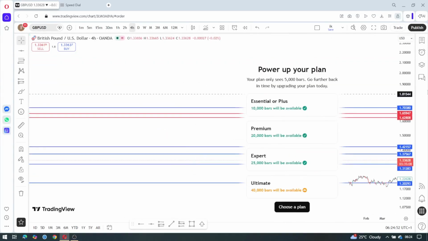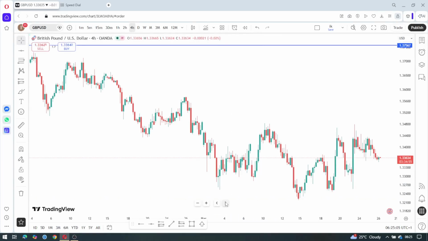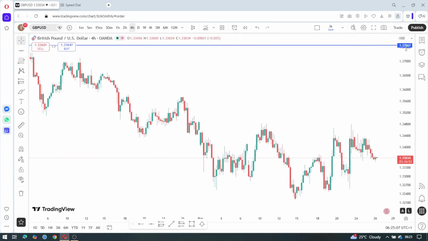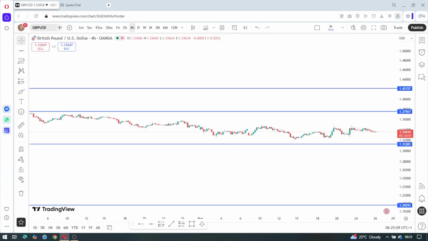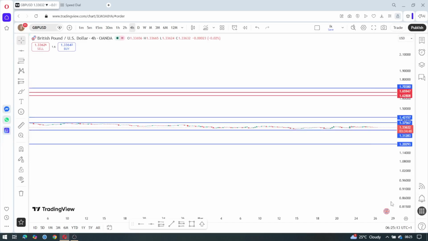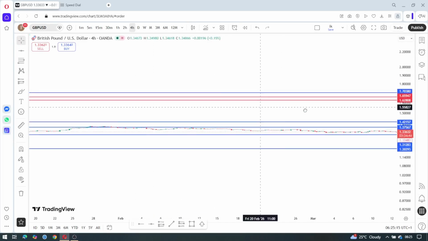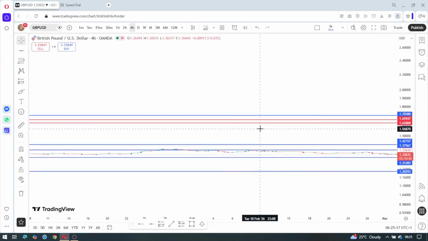So let's get those. Okay, this is telling me that I've exhausted my zone. All right, so let's do it this way. Market is very far from this area.